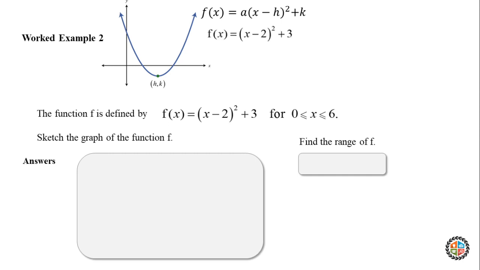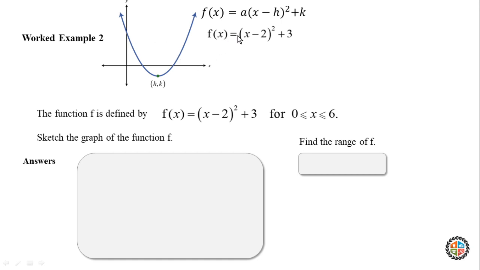And you notice, our function is equivalent to (x minus 2) to the power of 2 plus 3. There is an invisible value of a, which is 1. If the value of a is positive, then it opens upward. If the value of a is negative, then it opens downward.